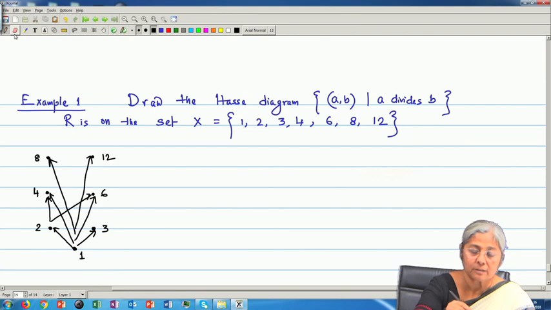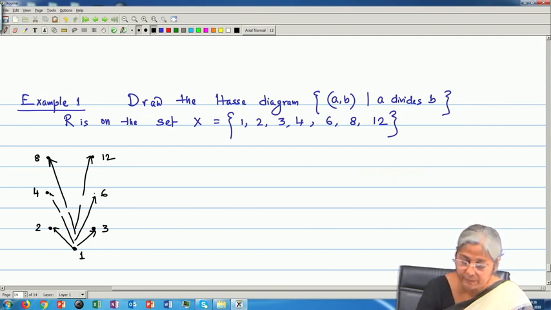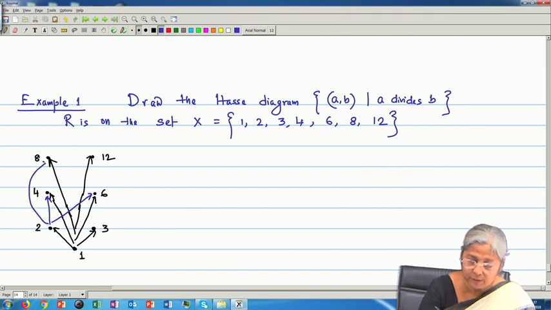Okay, we can give a different color so that it will be clearly understood. I give a different color for 2 to 4, 2 to 6, then 2 to 8, and then 2 to 12.